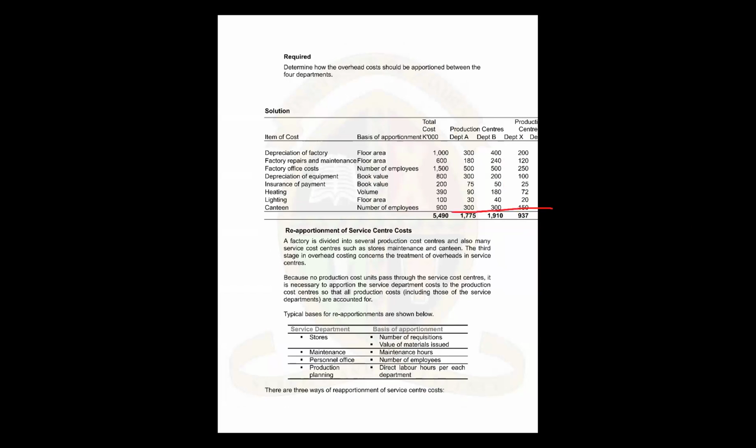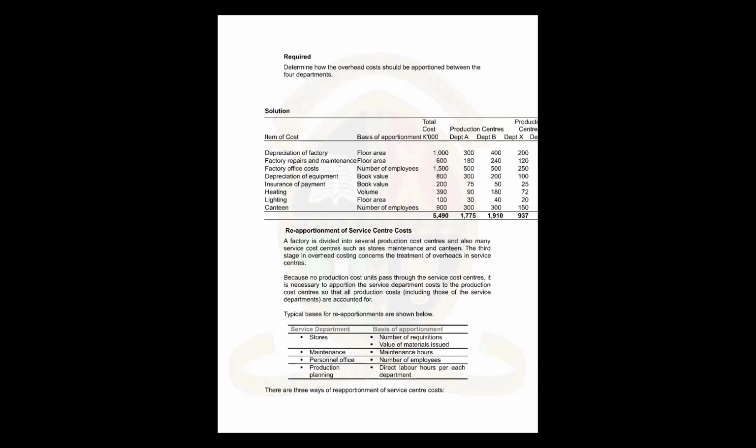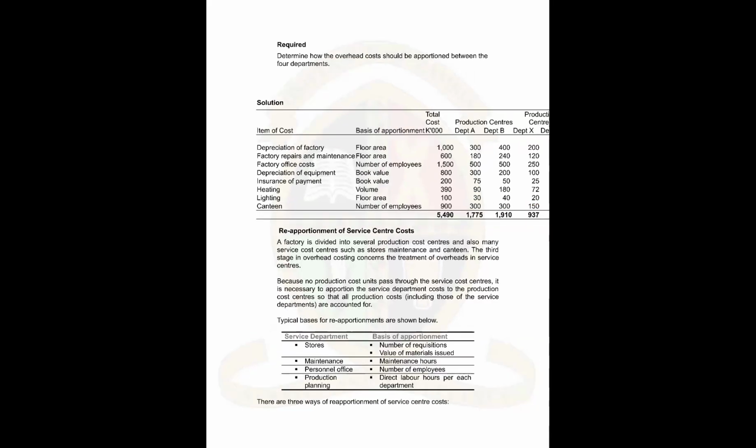Nothing much has happened. You've just gotten overheads for each department. In an exam or in your assignment, you will have to add everything. After consolidating, you pick it up from there and do the reapportionment using the final figures that you find after consolidation.